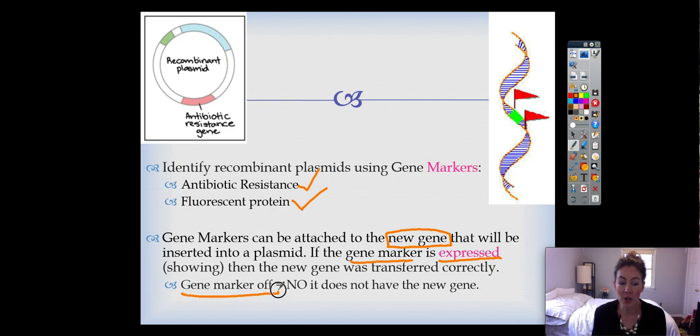If the gene markers are off, so if it does not have antibiotic resistance, or if there is no fluorescent protein flag on that cell, then no, that bacteria didn't allow that new plasmid in. Those are two ways that we can tell. Let's take a chance to go into detail on both of these.